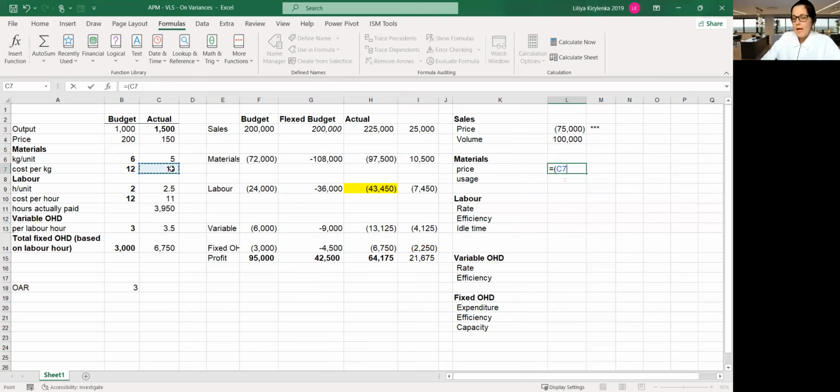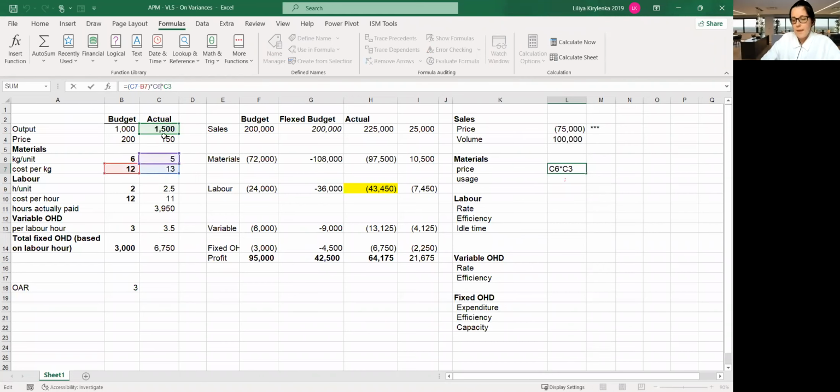So actual cost per kilo minus budgeted cost per kilo, and then we need to multiply that by actual consumption and by actual output.